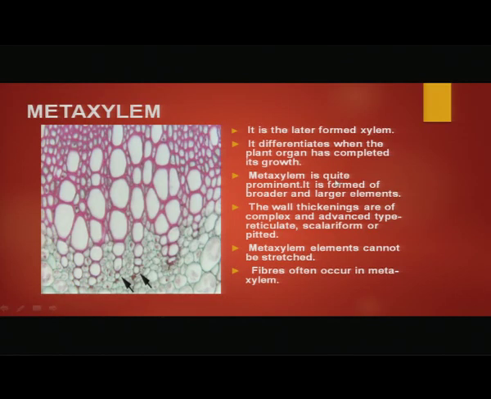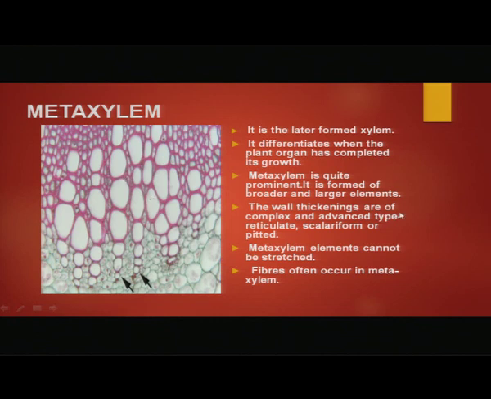Metaxylem is quite prominent. It is formed of broader and larger elements. Here you can see the difference between the size of the elements in metaxylem and protoxylem, which are too small, while the metaxylem elements are so big.